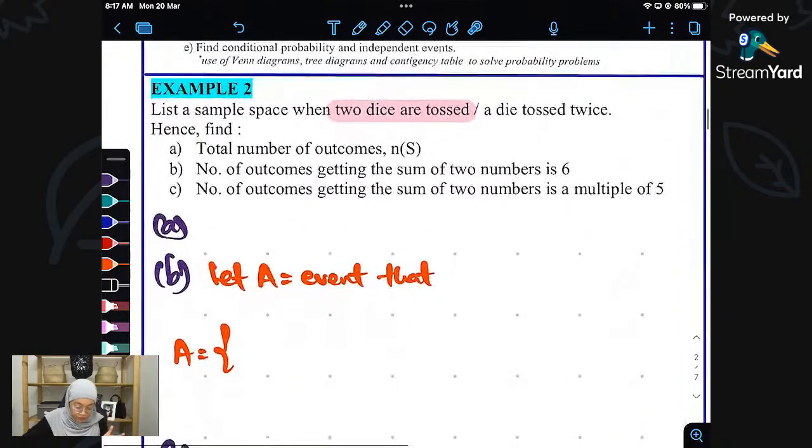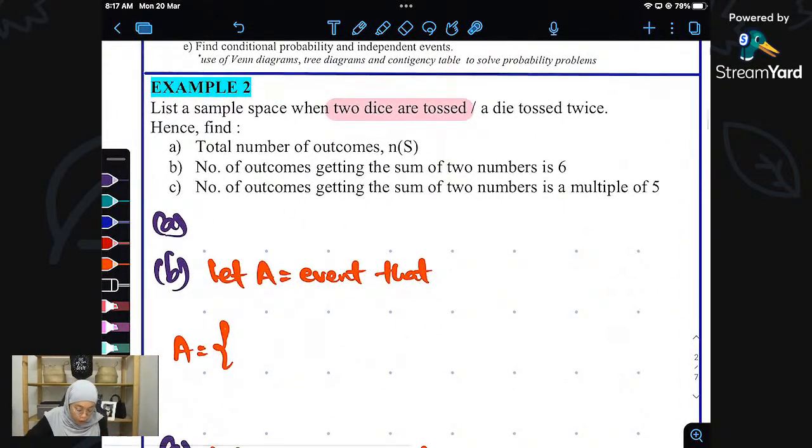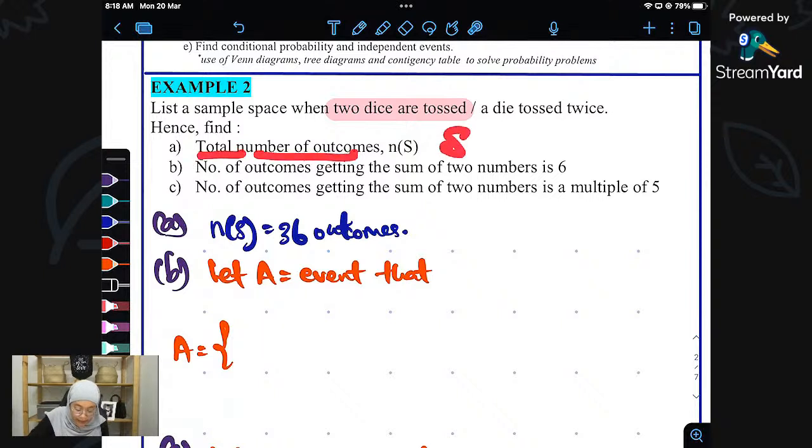Question A, after you list down the sample spaces, find the total number of outcomes. So the total number of outcomes is 36 outcomes. We already know it, so I just write it down here. But please know the symbol for the total number of outcomes is S, because S is sample space.